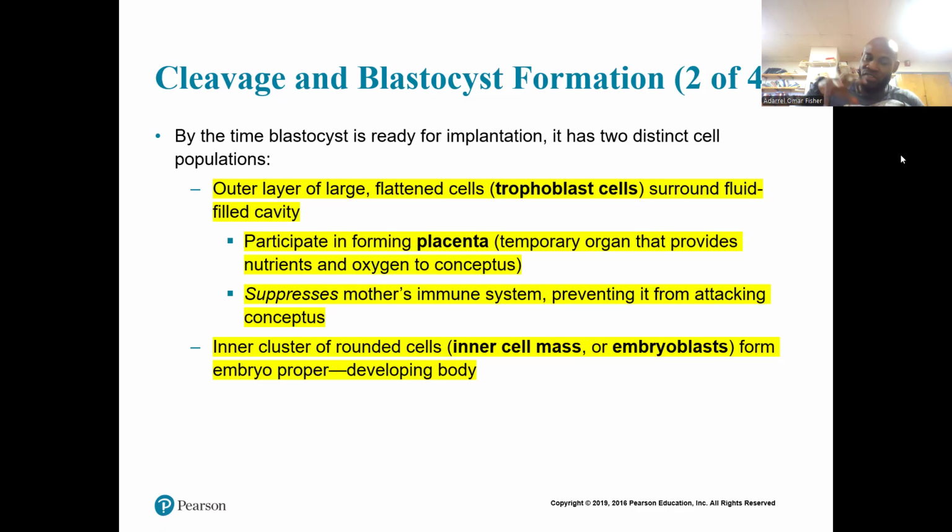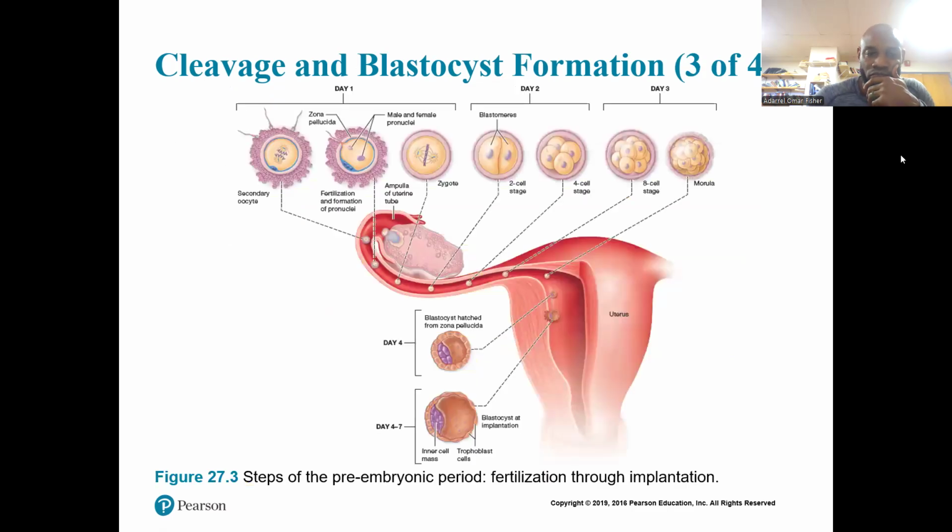Remember, the embryo has different DNA than the mom, so it's technically foreign. But you also have this inner cluster of rounded cells, embryoblasts, forming the embryo, which will develop into the body. That is the structure there.